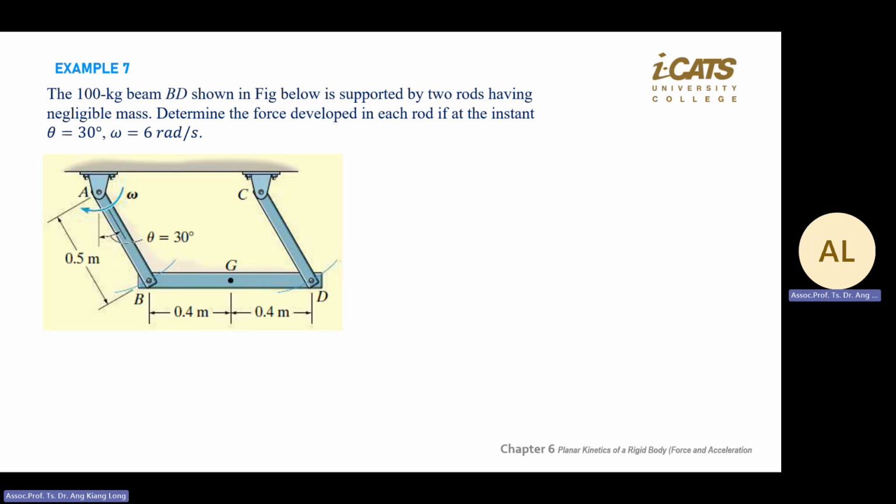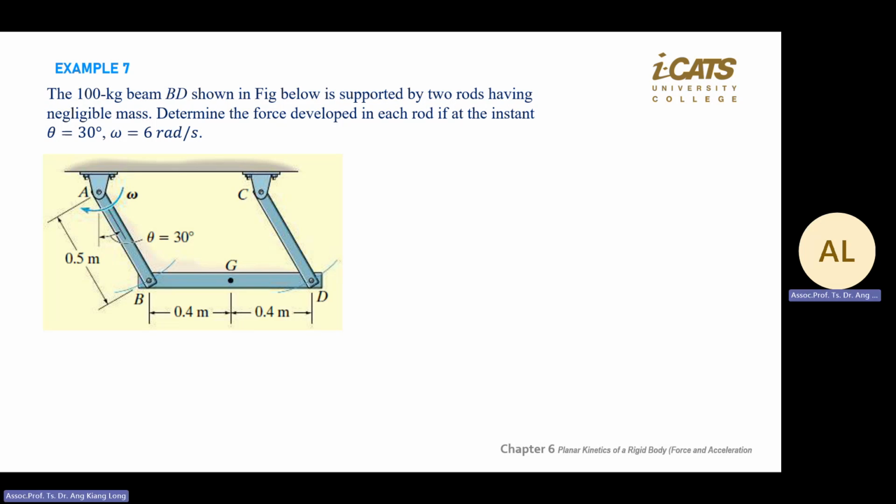So this one you have A_X and A_Y. Now why can I assume this way? You must always balance the force. Looking at F_AB, you can break it into X and Y, so you must balance your X and Y.